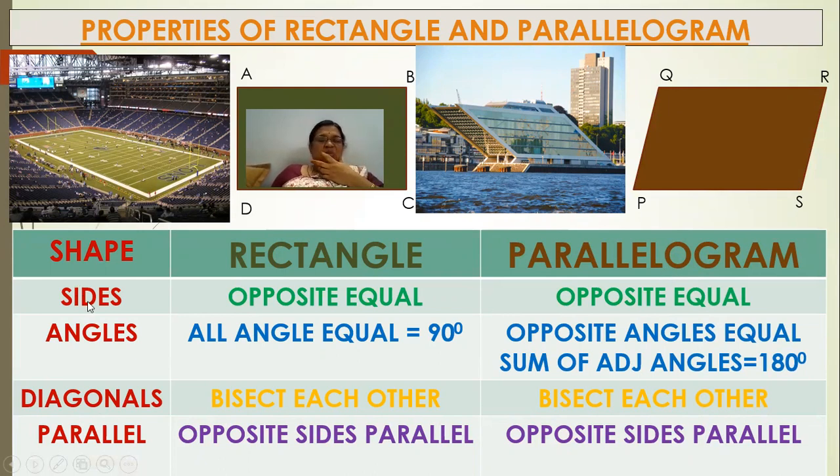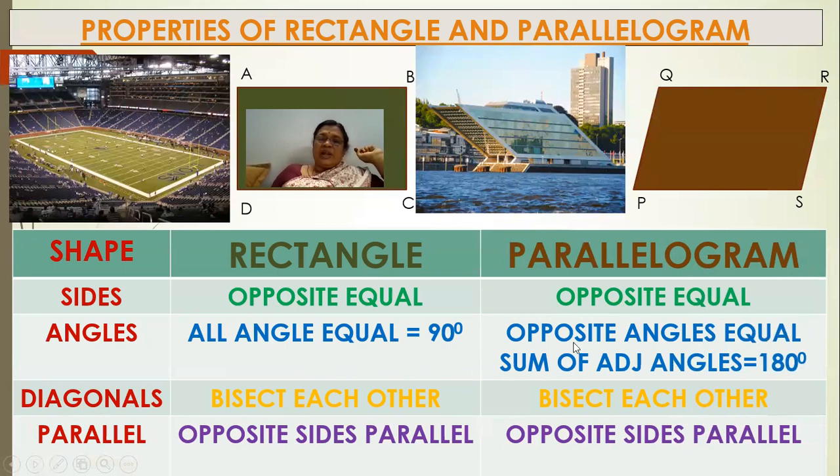Let us see the description regarding the sides. In a rectangle, the opposite sides are equal. In a parallelogram also, the opposite sides are equal. Whereas the angles in a rectangle, all angles will be equal and equal to 90 degrees. Whereas in a parallelogram, the opposite angles are equal.